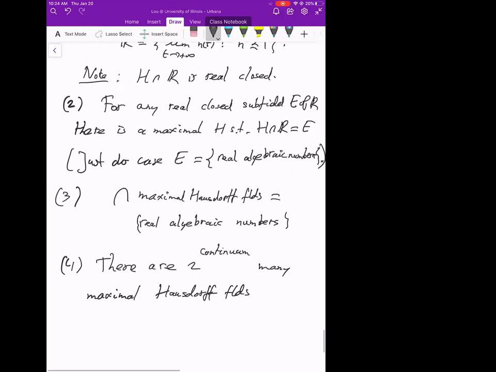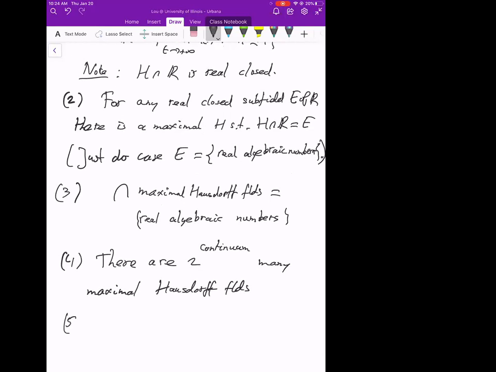And 5, that is what Hausdorff invented his back and forth method for: any 2 maximal Hausdorff fields are back and forth equivalent. This requires a little knowledge of model theory. That's a lot stronger than just saying that they are elementarily equivalent, which of course is a consequence of them being real closed and Tarski's theorem.